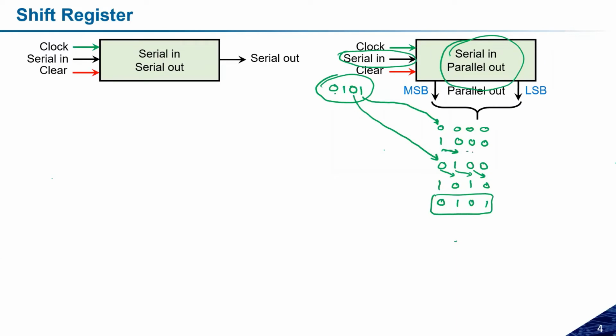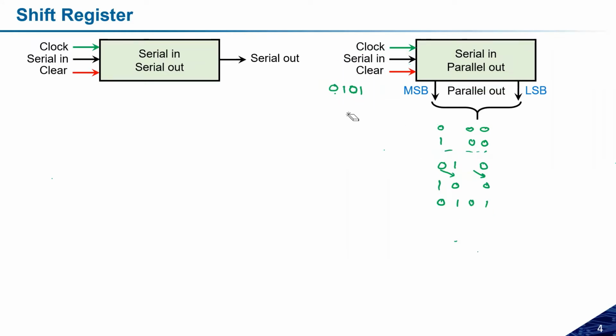Initially whatever the clear state was there, it will start loading the data one by one, and it will keep shifting in one direction. But again, it will take the same time to reflect all the input data which we have.